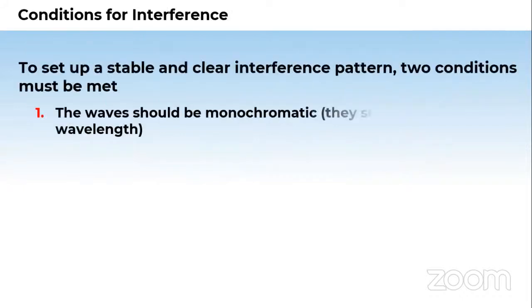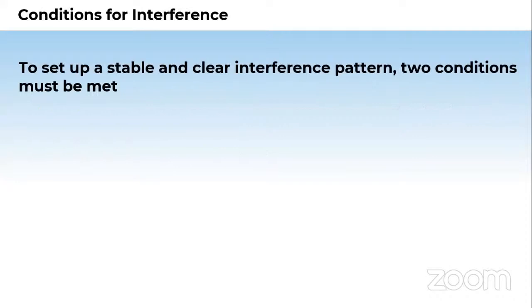So these are some conditions. Before I show you these two conditions, can anybody answer what the two strict conditions are so that we can observe the interference pattern continuously, 24/7? I've given you the hint. Answer me in the chat box. Then we'll see the next slide.